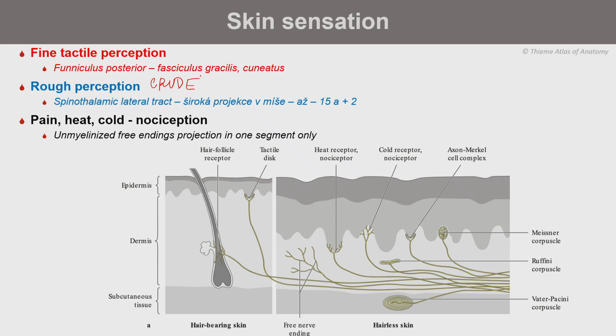So fine tactile perception is led by the posterior funiculi, by the fasciculus gracilis and cuneatus, and this fine reception is from tactile discs, typically on the interface of the skin between dermis and epidermis.